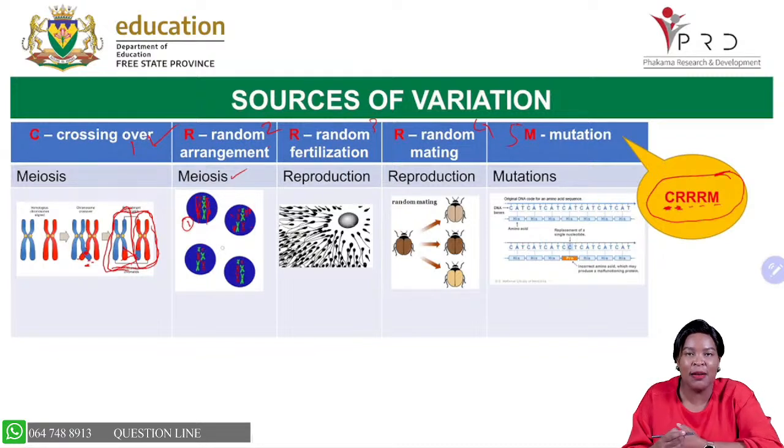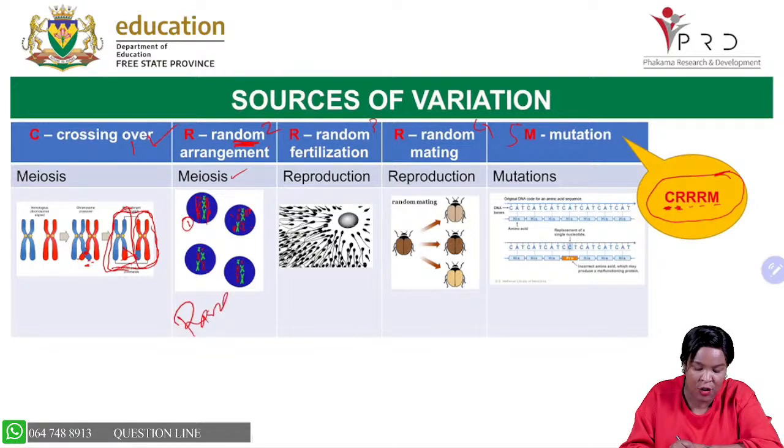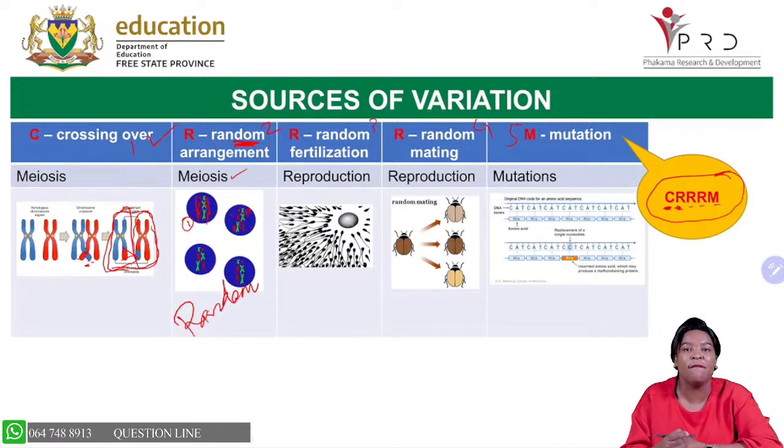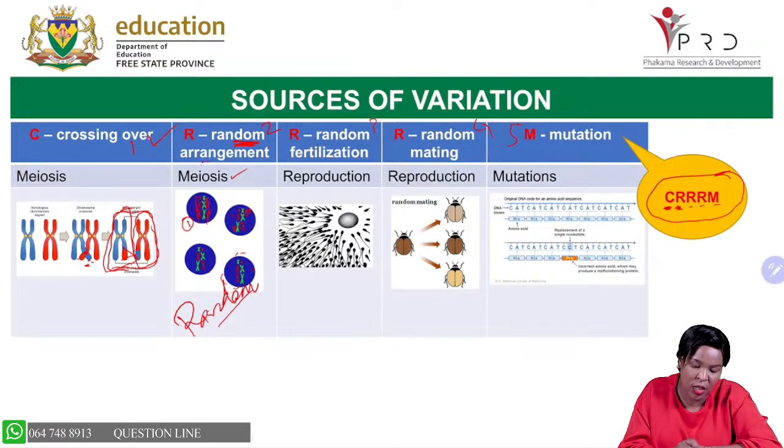How they arrange themselves at the equator is random. That random arrangement brings variation because no 2 cells will have the same arrangement. So, random arrangement of chromosomes. Please use the correct word, which is arrangement and not assortment.